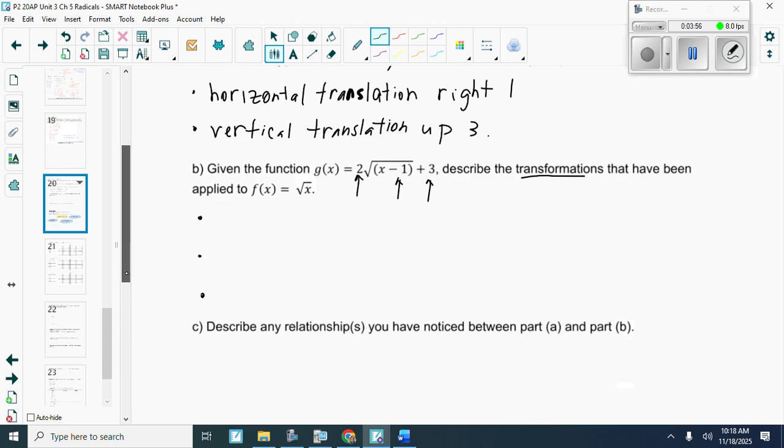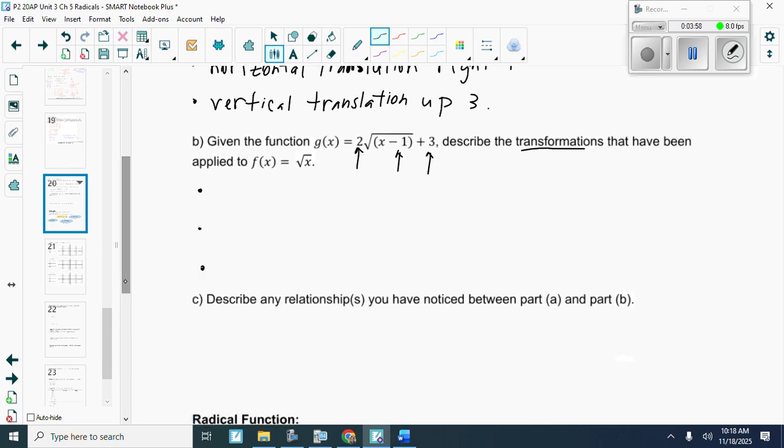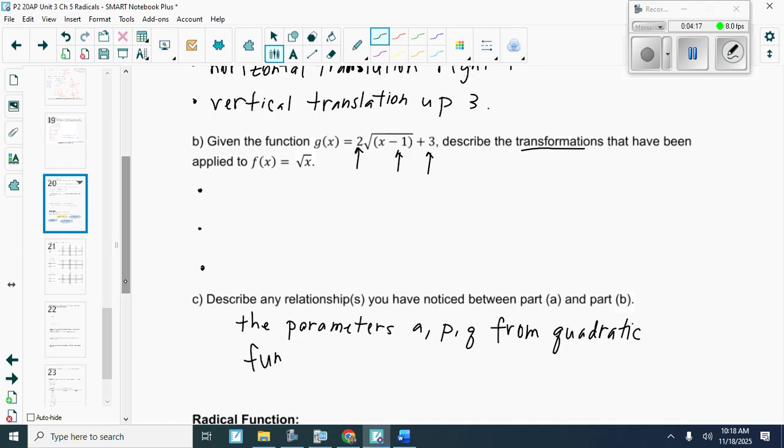Describe the relationship that we noticed. The parameters A, P, and Q from quadratic functions are the same for radical functions.